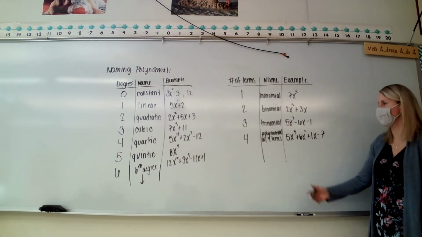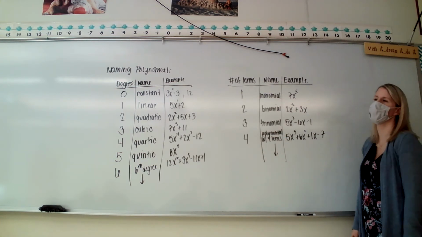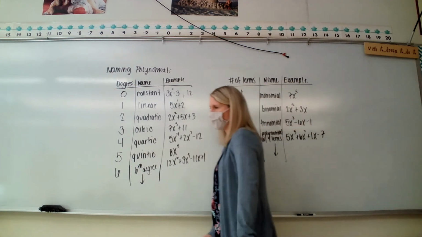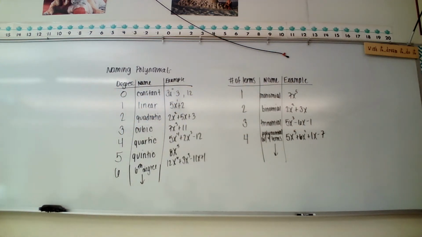That's a polynomial with 4 terms. So 5 would be a polynomial with 5 terms, or 6 terms, or 7 terms, or 92 terms, or whatever. So I'm going to leave that up for a second. I know that was kind of a lot to write, sorry. This is one of those things we just got to write it once so that we can refer to it. So I will leave that up for you for another minute or two before I move on to the next thing.